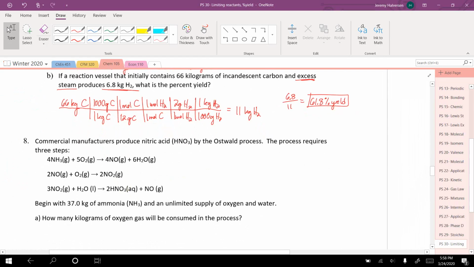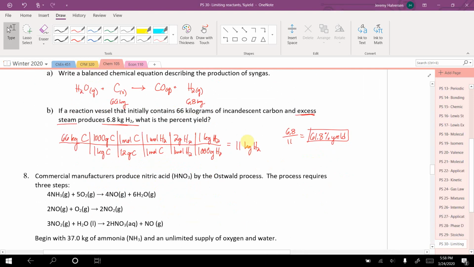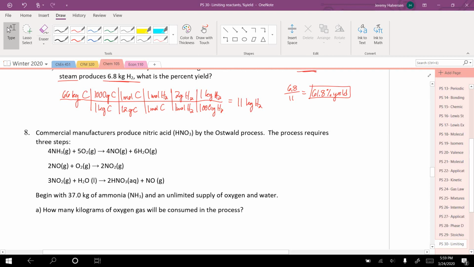All right. Commercial manufacturers produce nitric acid by the Ostwald process. The process requires 3 steps. They're all balanced. Beginning with 37 kilograms of ammonia and an unlimited supply of oxygen and water, how many kilograms of oxygen gas will be consumed in the process?